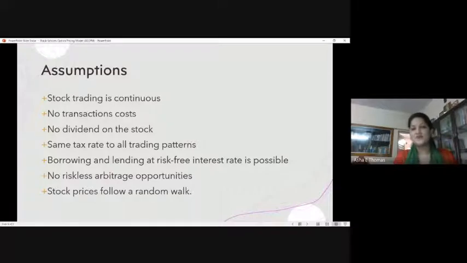Then stock prices follow a random walk, which we have learned. That is, you cannot predict the future movement based on the past movement. It happens at random. There is no relationship which can be projected based on the past movement of the stock prices. The price movement happens at random, arriving at different prices with respect to underlying assets.